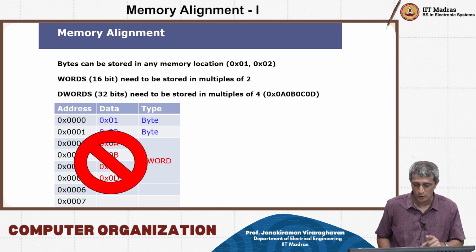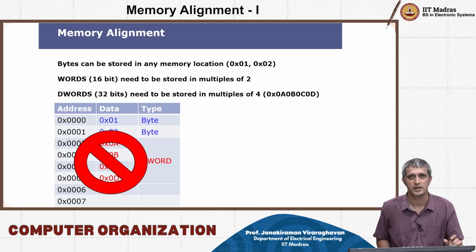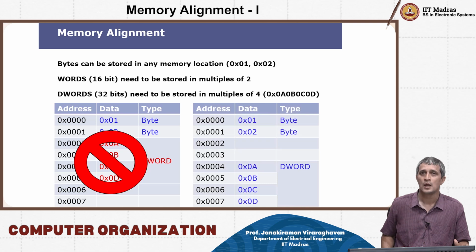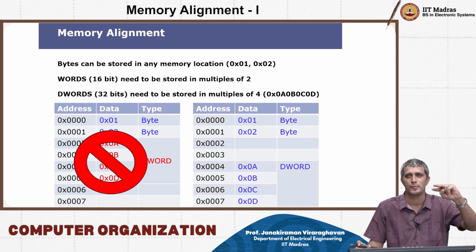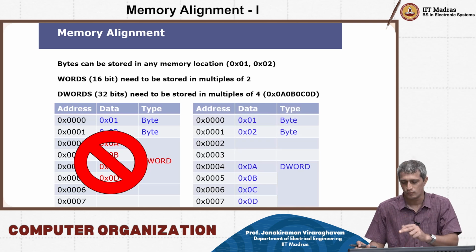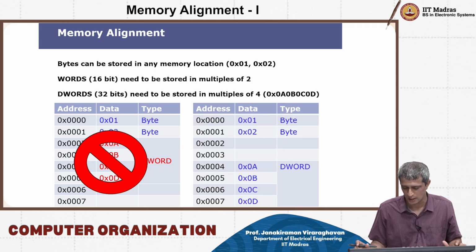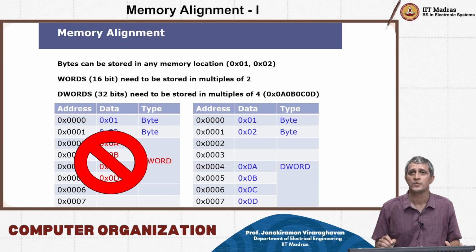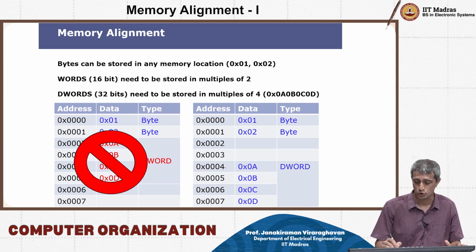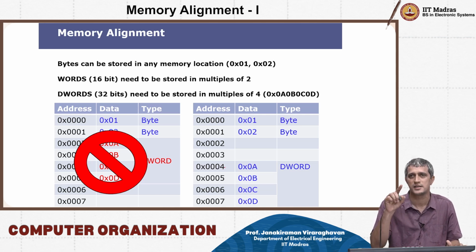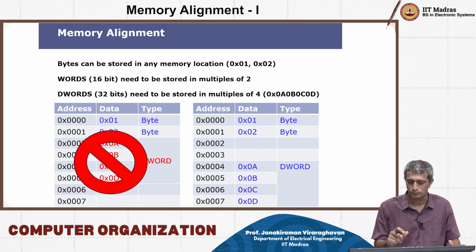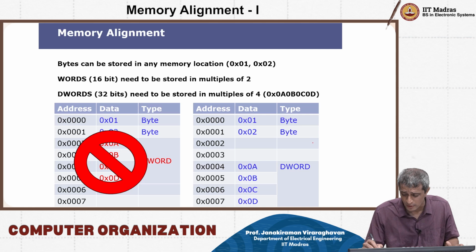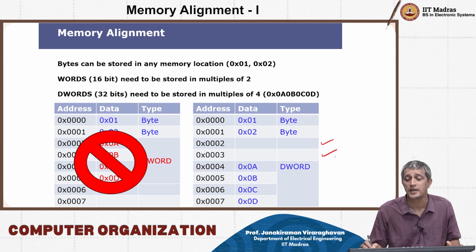So instead of doing it this way, which is prohibited, what you have to do is give a certain gap in the memory, and then you store the D word in this particular way. The D word is now stored starting at 004, and the 2 bytes of memory here are completely wasted.